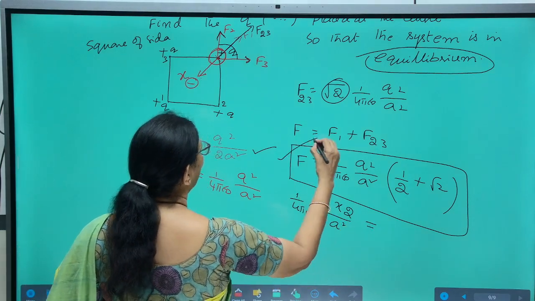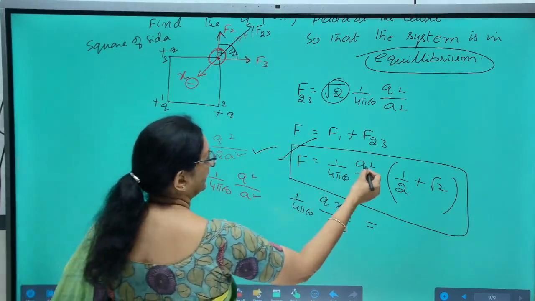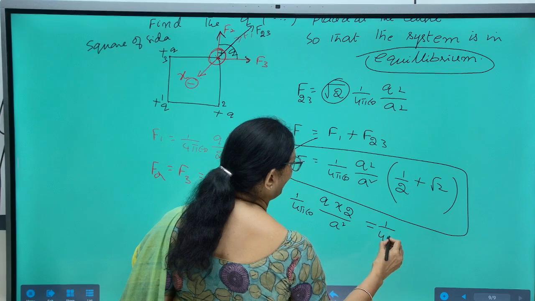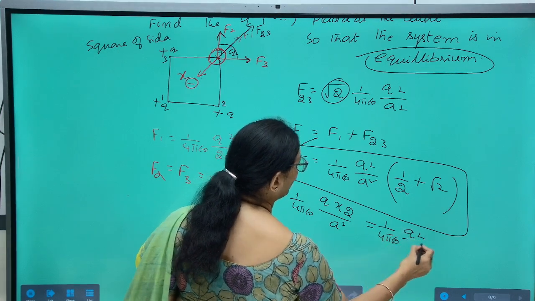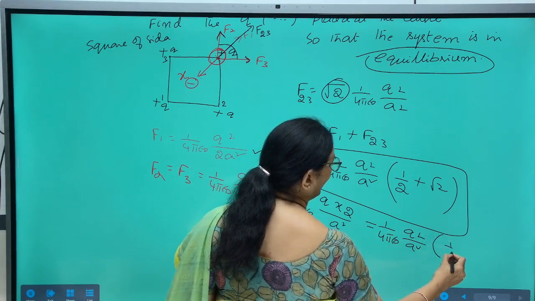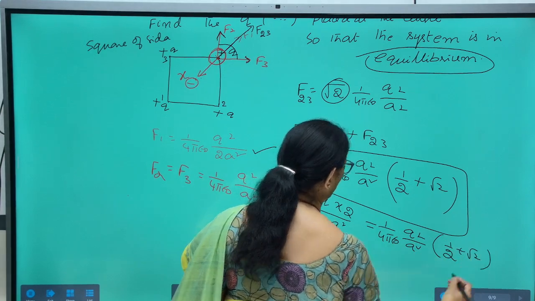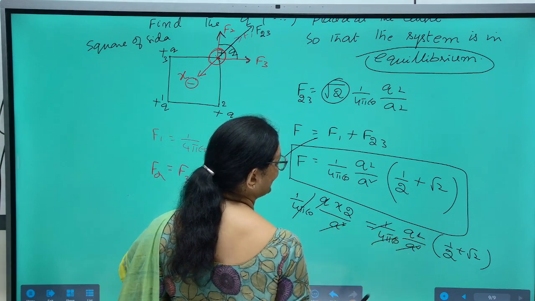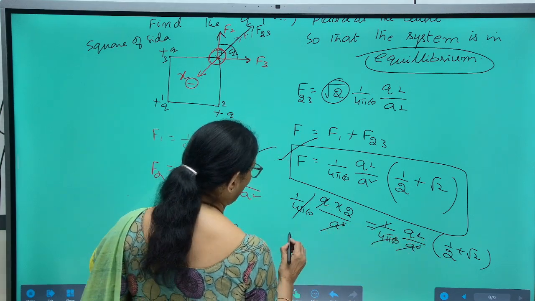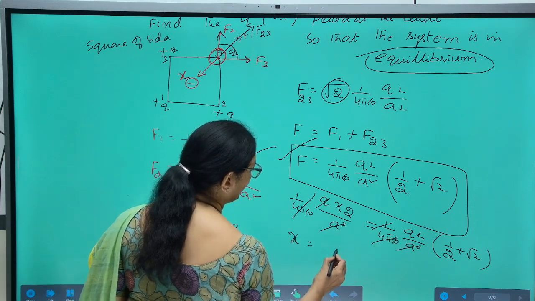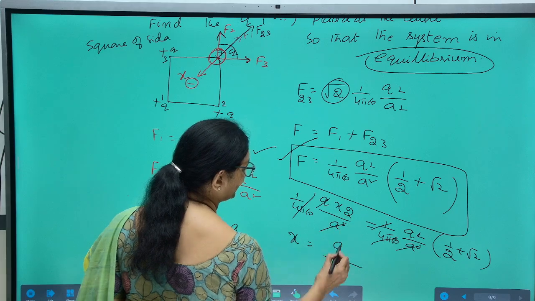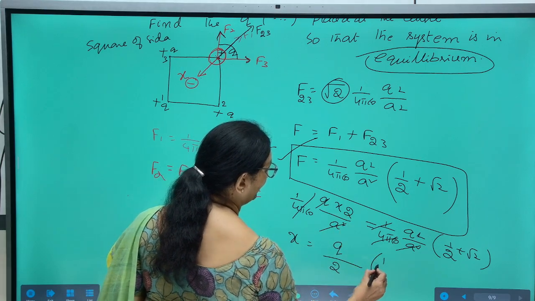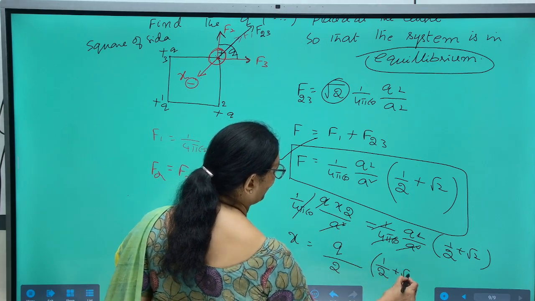That should balance this net force, 1 by 4 pi epsilon naught q squared by a squared times half plus root 2. So, 1 by 4 pi epsilon naught q by a squared gets cancelled, and x is equal to q by 2 into 1 by 2 plus root 2.